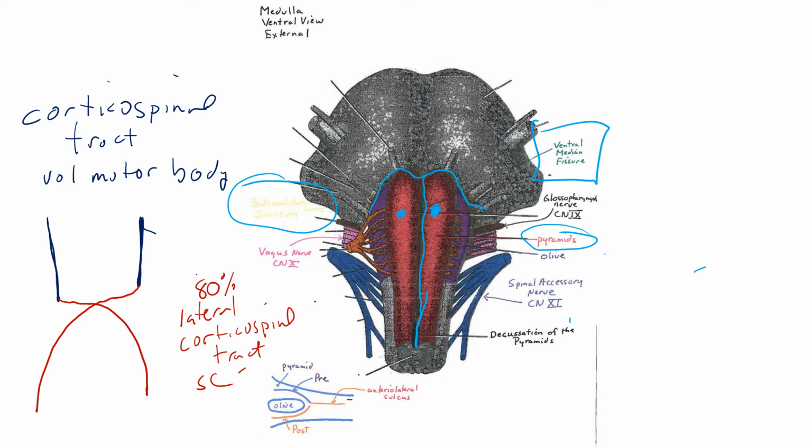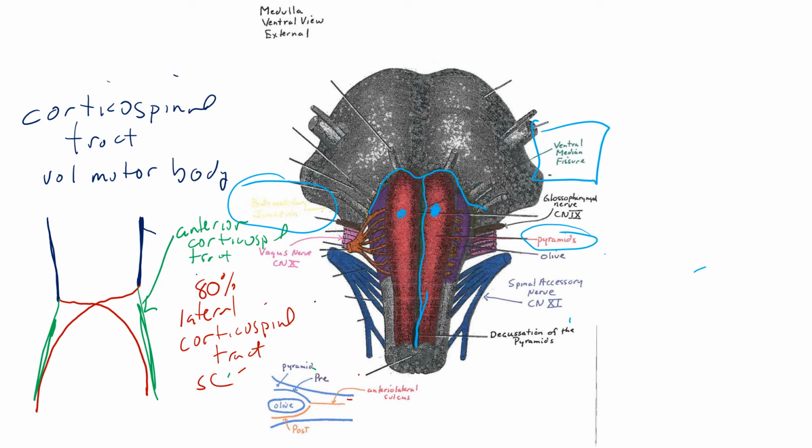The other approximately 20% of the fibers are going to stay on the same side. And these fibers are going to form the anterior corticospinal tract. So when we see these two tracts in the spinal cord, we can now look at where they came from.